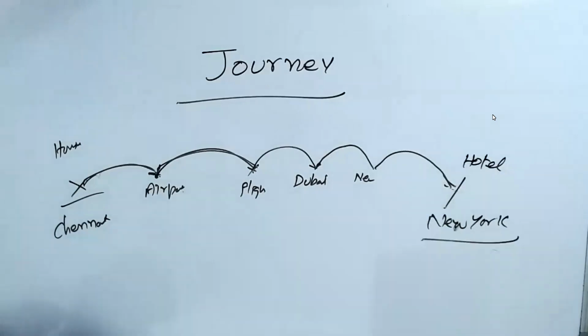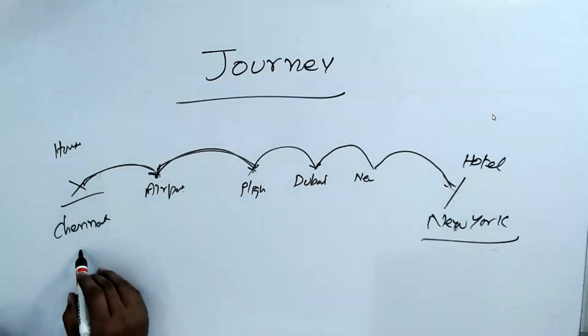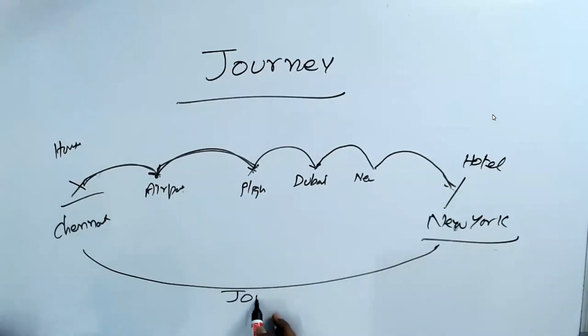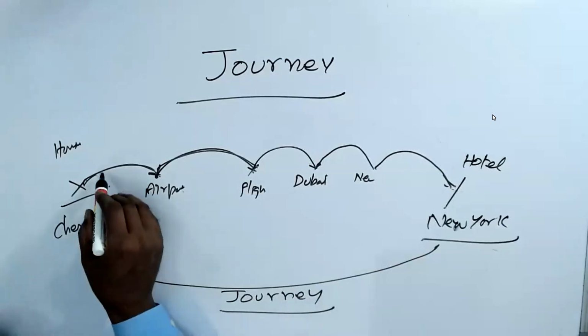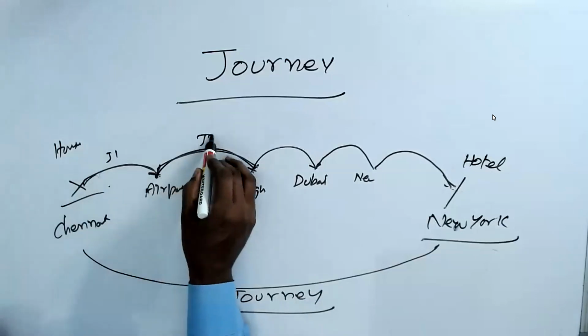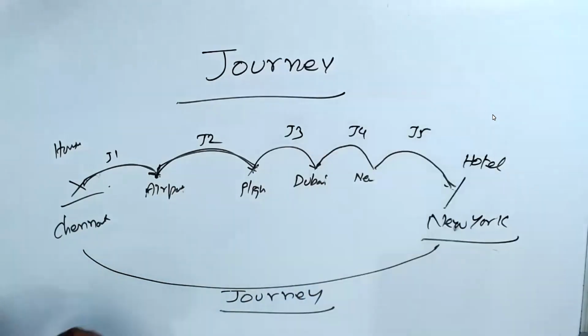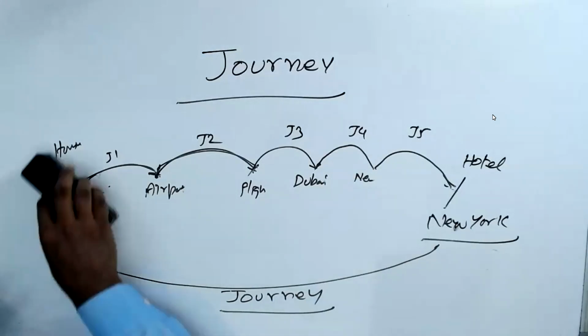See that? If you take the top level, there is one journey. In between, there are small journeys, J1, J2, J3, J4, J5. These are all journeys. Please understand. So we have a confusion. That's a problem. Now everything is a journey.